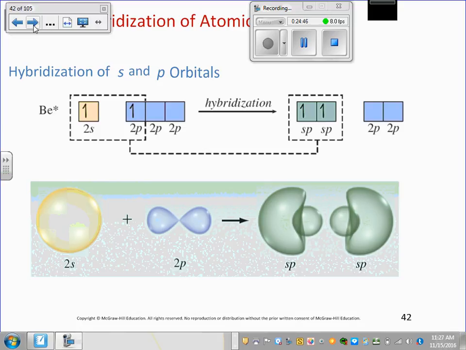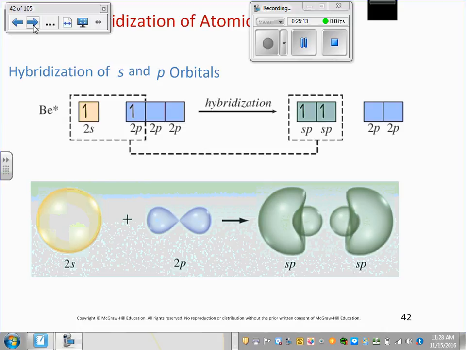And we still have the two of the 2p's left over. They're blank. So now we have the sp hybrid. Here we took the s and the p, and we combined them, and we get this little thing that looks like an sp hybrid. So now they're both equal. So they combine with the unpaired electron in hydrogen on both sides.